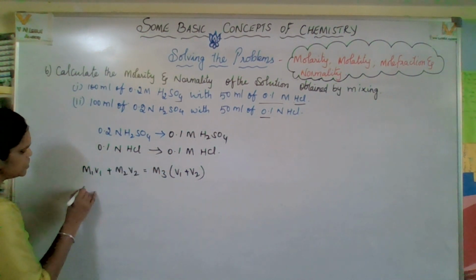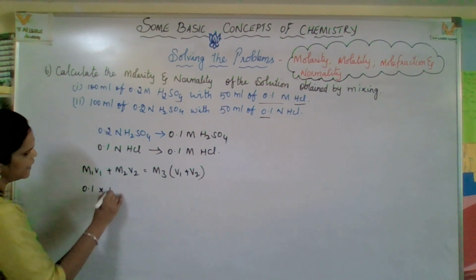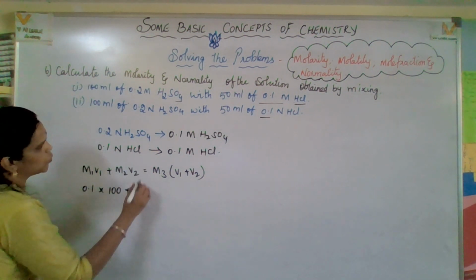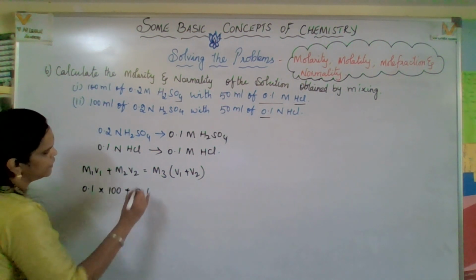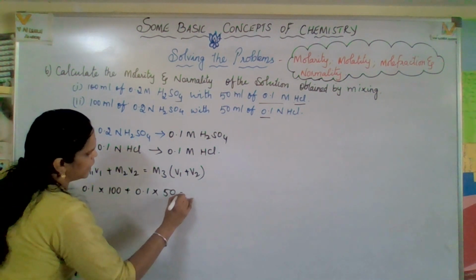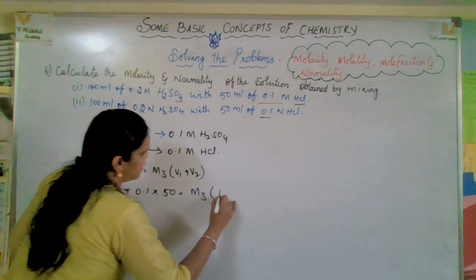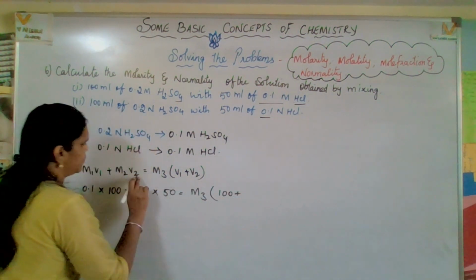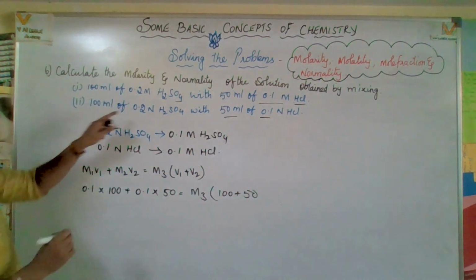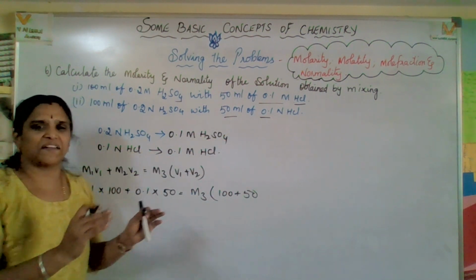What is it? 0.1 into V1, which is 100 ml, plus M2, which is 0.1 into V2, which is 50, equal to M3 into V1 100 plus V2 50. Same. Only the N does vary. That's what I said, same question, something different.